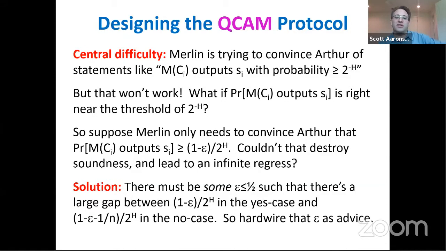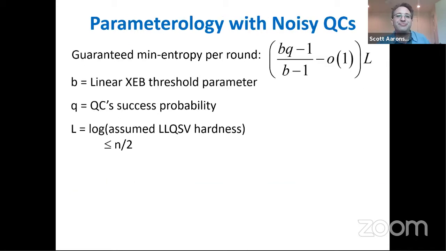That is, how well Merlin can do getting you to accept the 1 minus epsilon over 2 to the H in the yes case, and how well he could do getting you to accept slightly less probable output strings in the no case. And then once you know that epsilon, you can hardwire it in as a tiny bit of advice to the AM protocol.